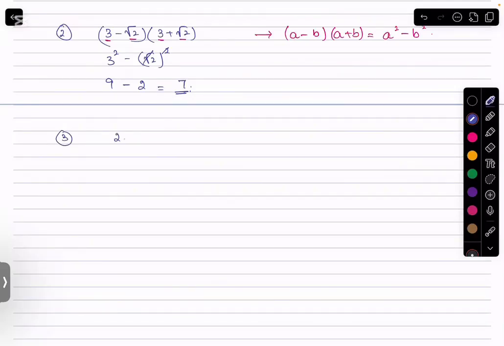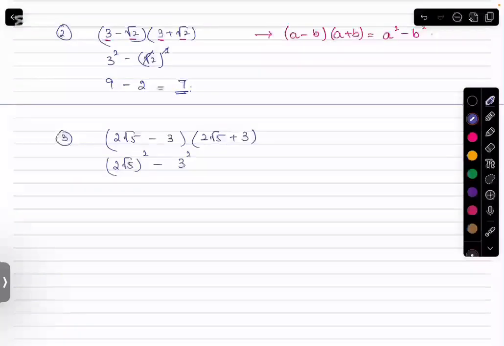So what if we have, maybe it's 2√5 minus 3 and 2√5 plus 3. Okay, again, is it following the identity a minus b and a plus b? Yes. Should I simply say that this is 2√5 the whole square minus 3 the whole square, right?